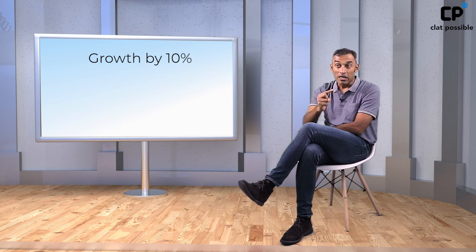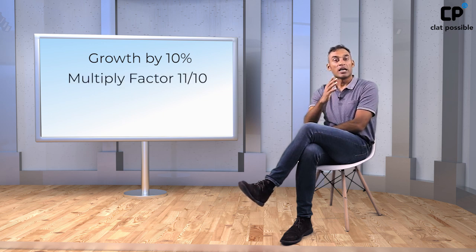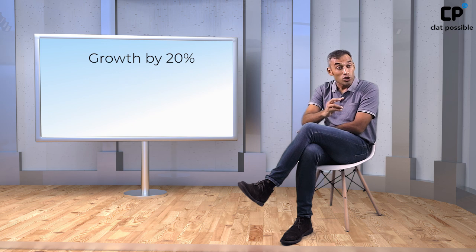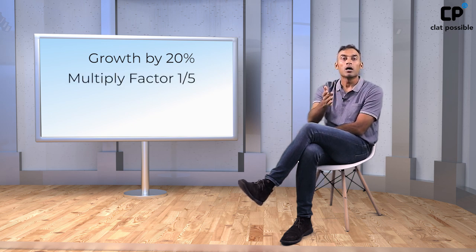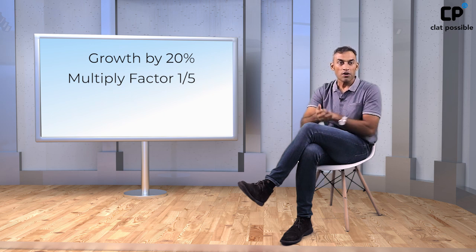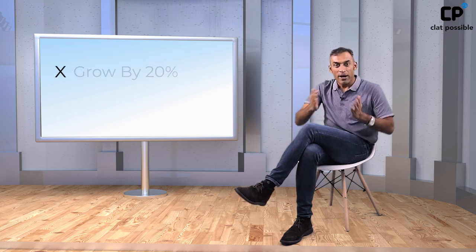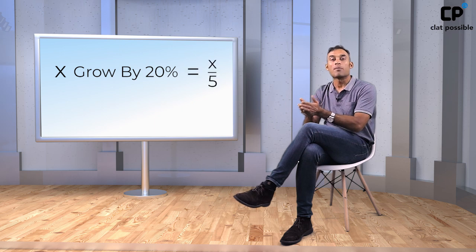Be very, very comfortable with ratios. You should know, for instance, if something grows by 10%, my multiplying factor has to be 11 by 10. When something grows by 20%, 20% is nothing but 1 upon 5. So if I am x and I grow by 20%, I'll become x plus x upon 5.